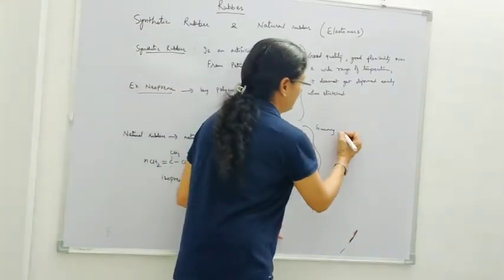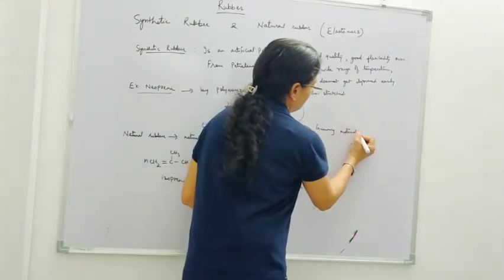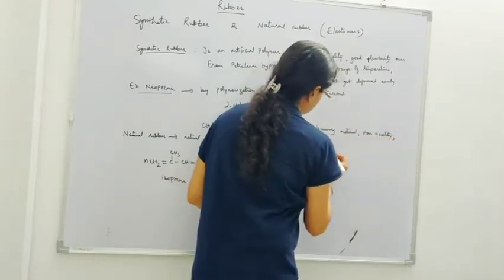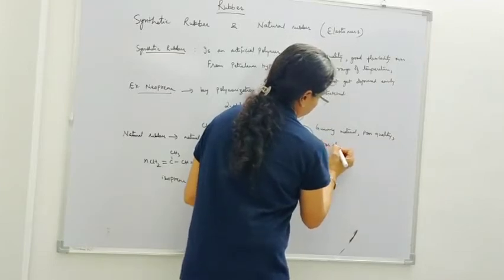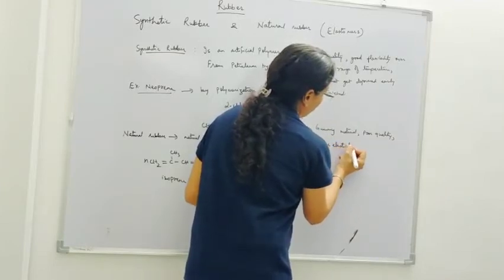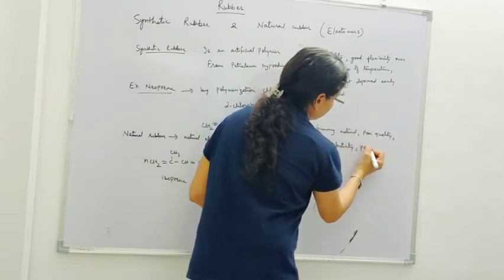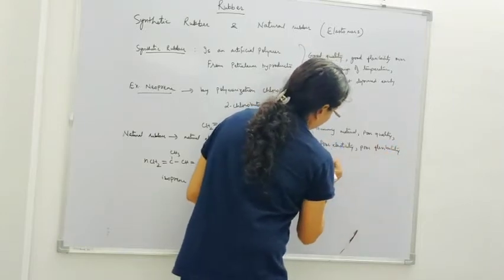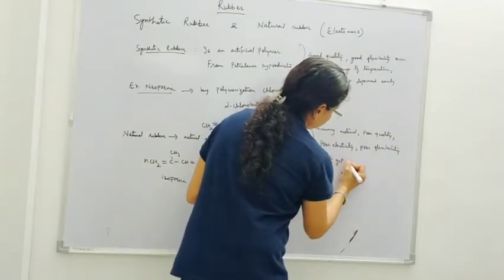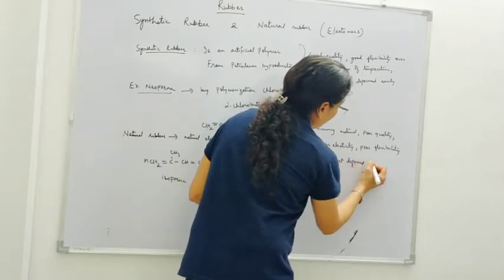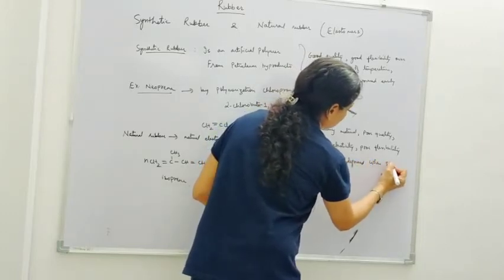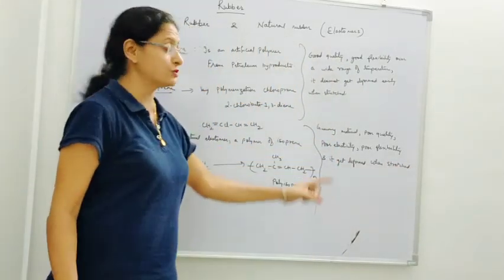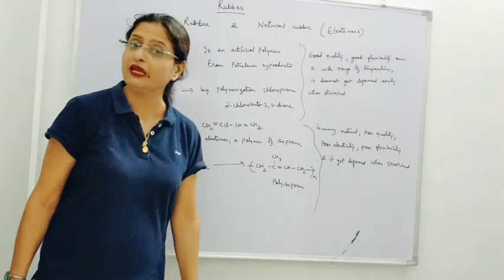So we can write down it's gummy material, poor quality, poor elasticity, poor flexibility, and it gets deformed when stretched. So what can we do? Because this is poor quality, the quality can be improved.